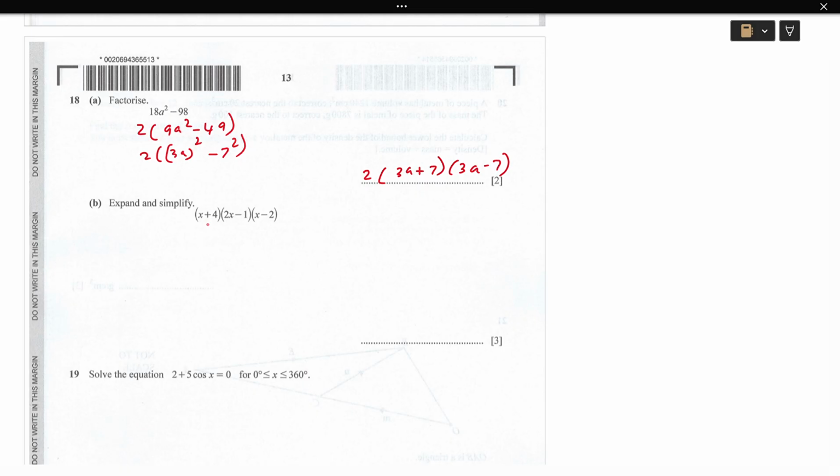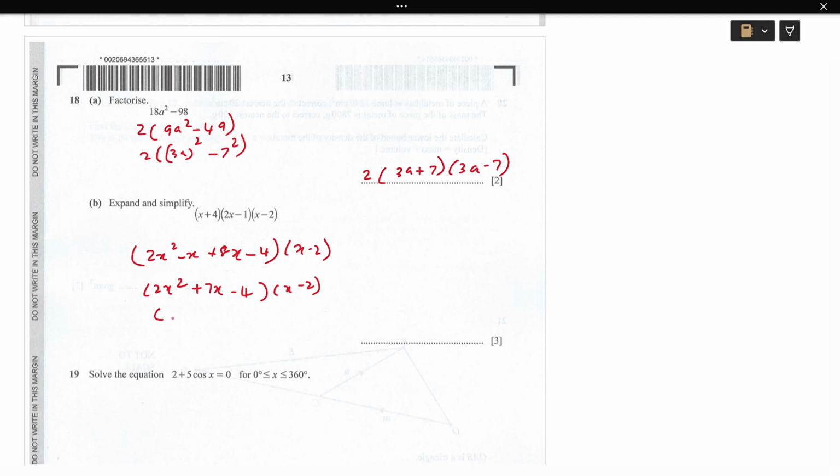Okay, next one, we need to expand and simplify. First I'll expand the first two brackets, which is 2x squared minus x plus 8x minus 4, into x minus 2. Next, 2x squared plus 7x minus 4, into x minus 2.